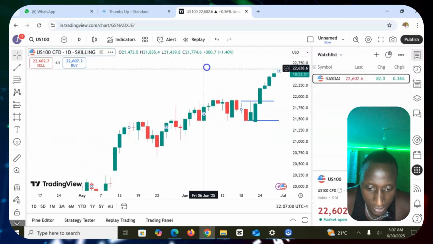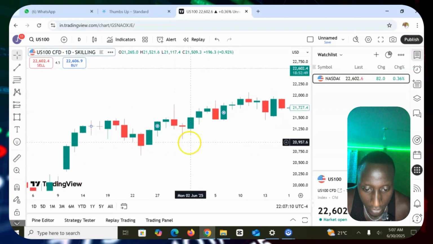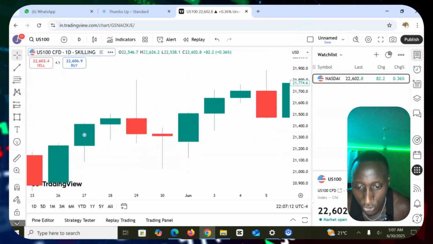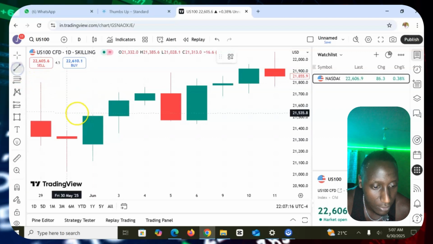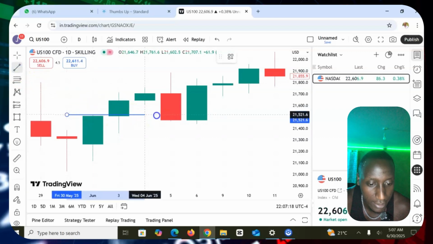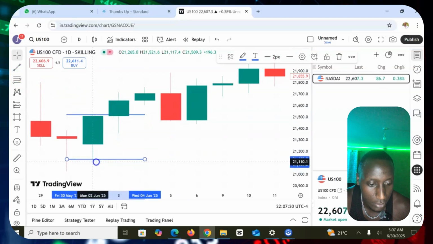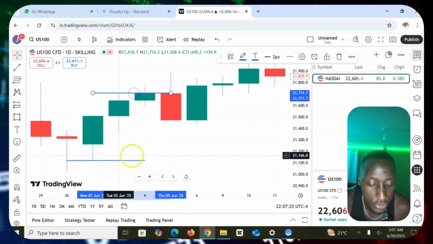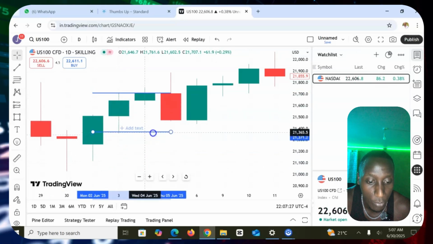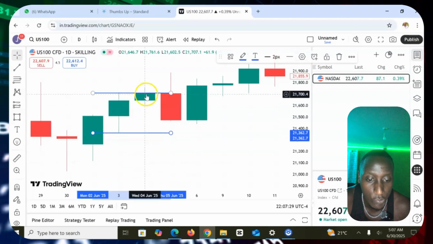Now, let's see another example. This one is a good one. So we have Monday, setting the high and the low of the week. Then we have Tuesday breaking out, which tells us that Wednesday has a high probability of continuing with the trend.